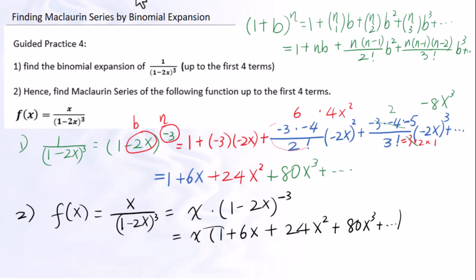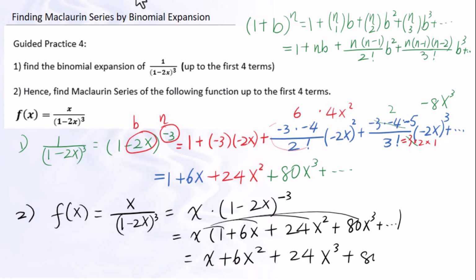Do the distributive property: equals x plus 6x squared plus 24x to the third power plus 80x to the fourth power, and so on.